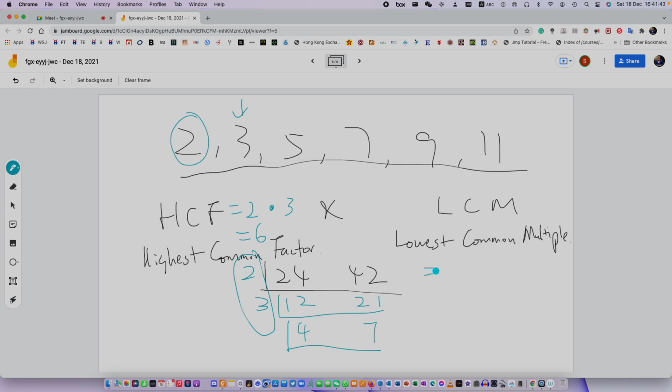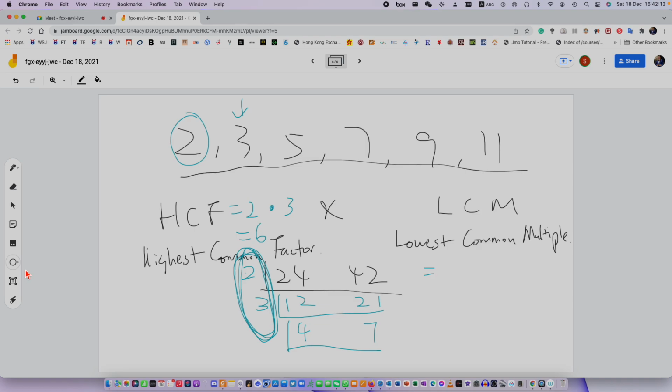Can you still remember how you find the LCM? For the highest common factor, you take the side and times these two together, right? For the LCM, you take all of them and times them together.